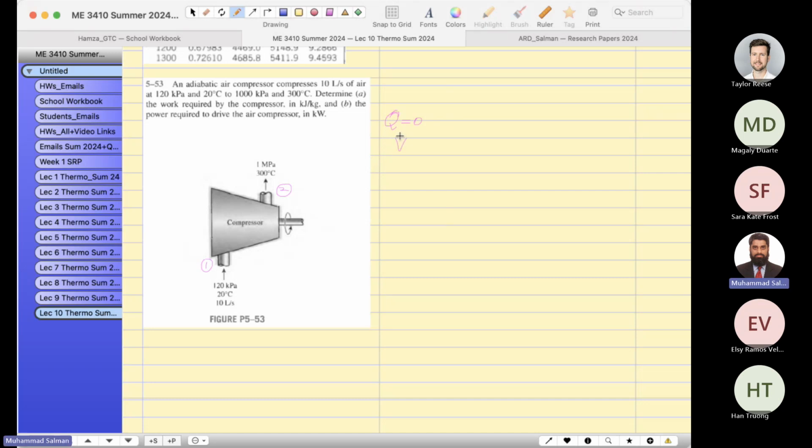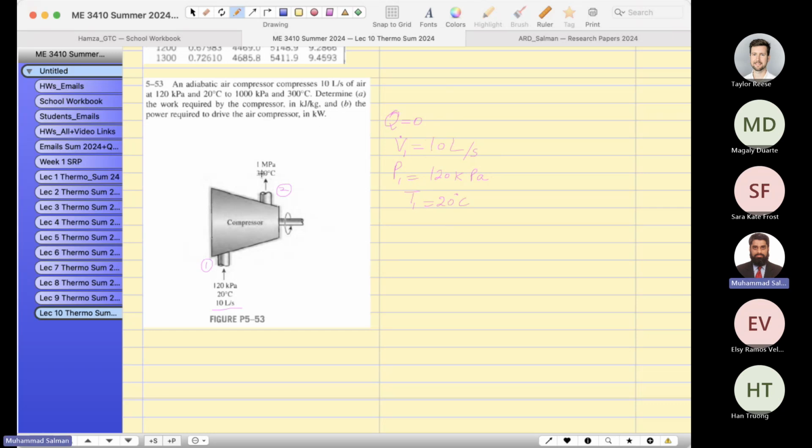So for air, the initial pressure is 120 kilopascals, initial temperature is 20 Celsius, and the volume flow rate is 10 liters per second.